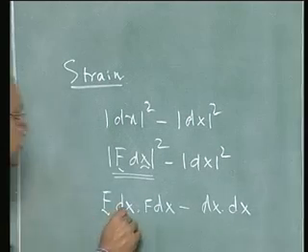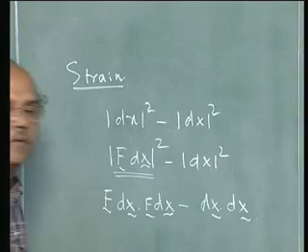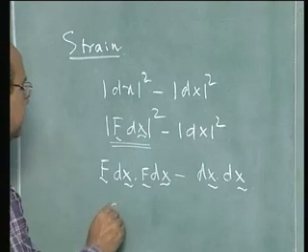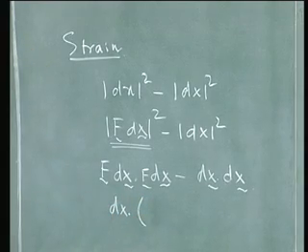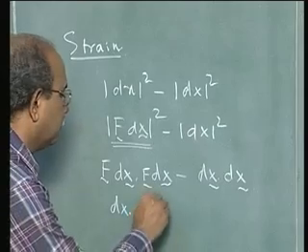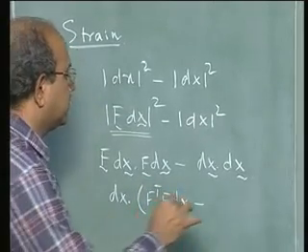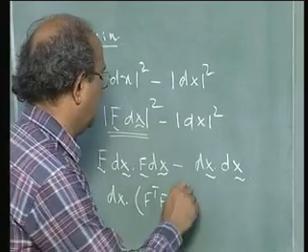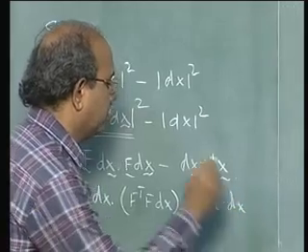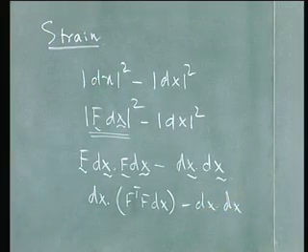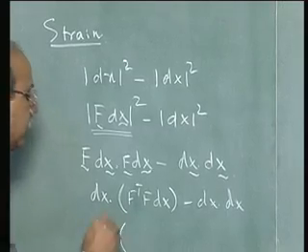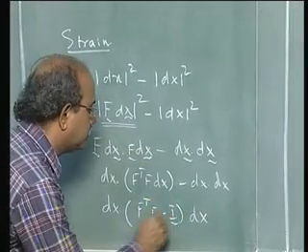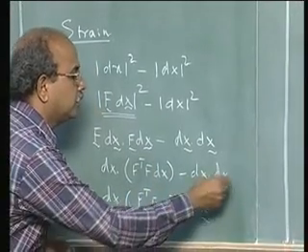Using the property of the transpose of a tensor, this can be written as dX dot F transpose F dX minus dX dot dX, which again can be written as dX dot (F transpose F minus I) dX, where I is of course the unit tensor.